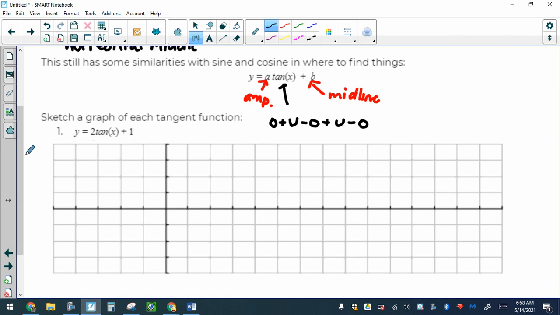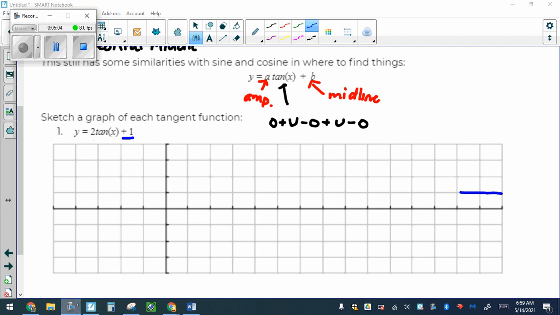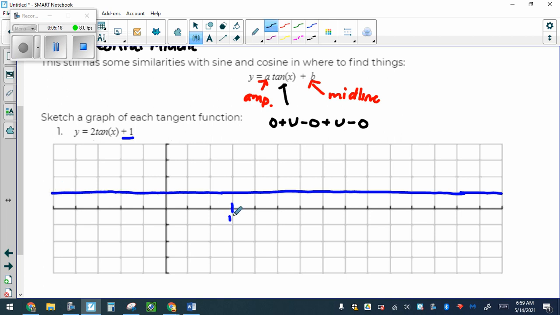All right, so when we sketch a graph of this tangent function, first off, we draw in the midline at 1. So there is our midline. I keep forgetting that on your guys's the graph is labeled. Here's pi over 2, pi, 3 pi over 2, and 2 pi.